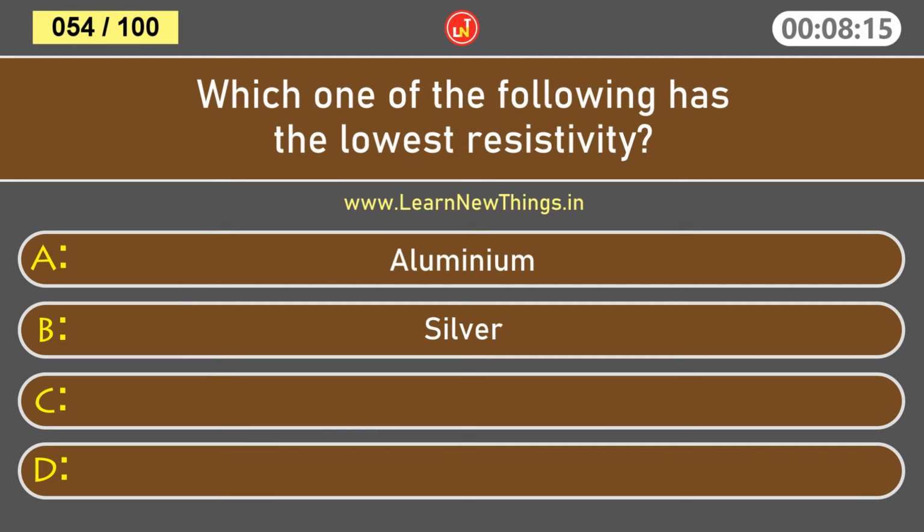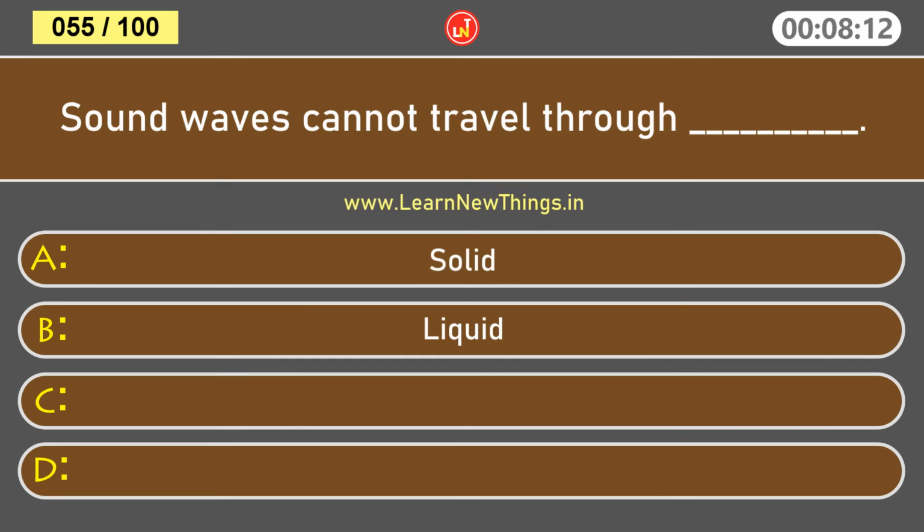Which one of the following has the lowest resistivity? Silver. Sound waves cannot travel through dash. Vacuum.